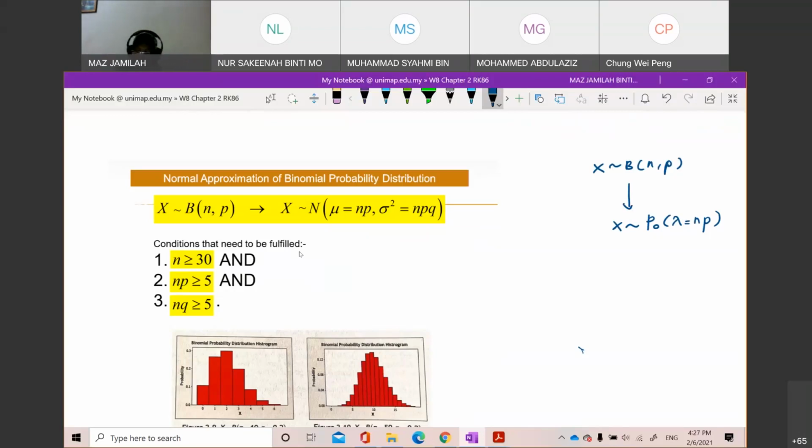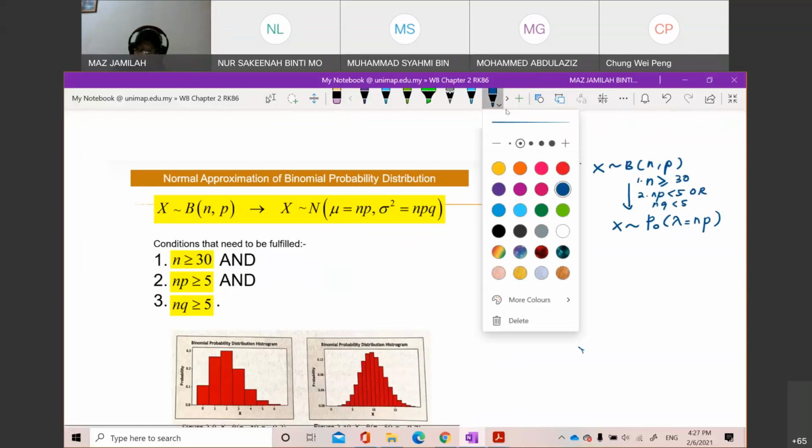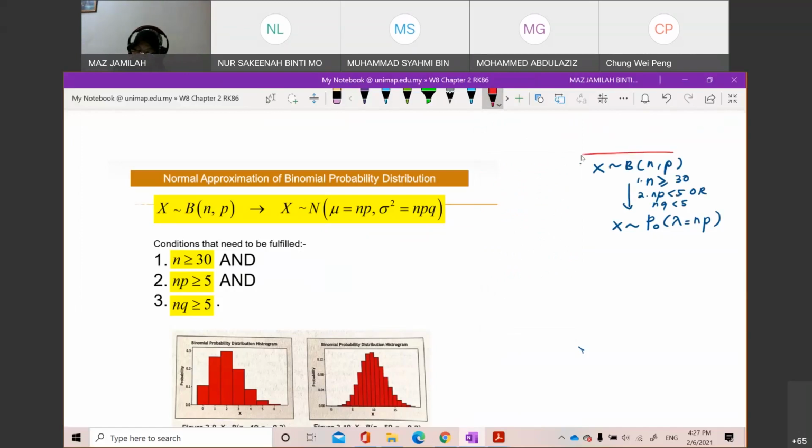So what is the condition? The condition is n should be larger than or equal to 30, and np must be less than 5 or nq less than 5. So these are the things that we discussed about the Poisson approximation of binomial.